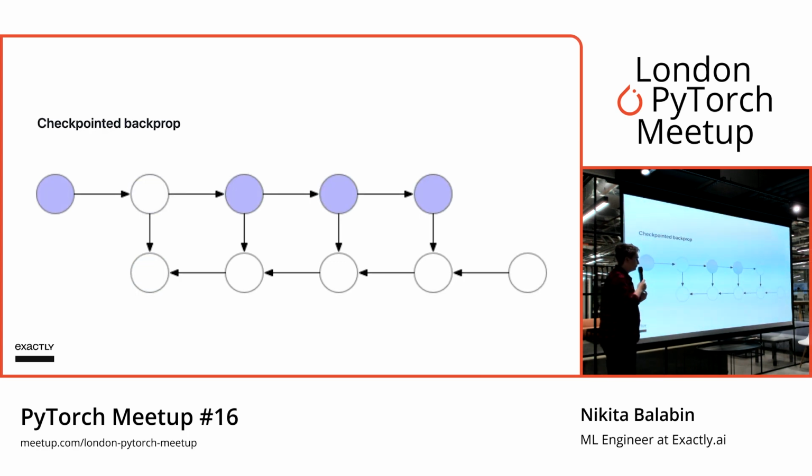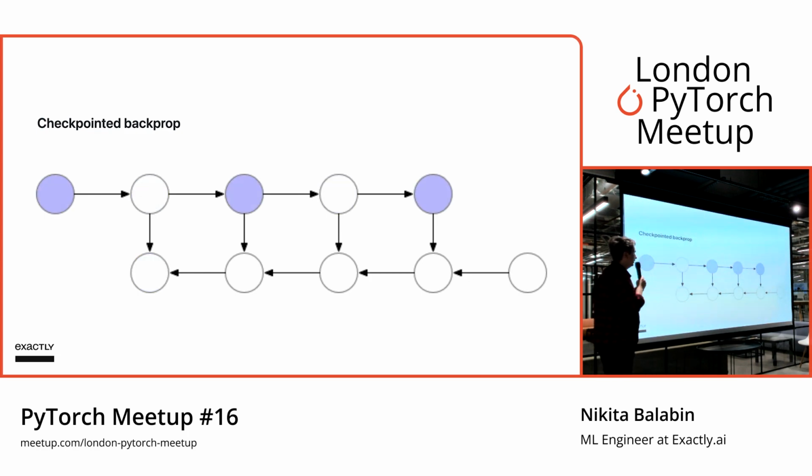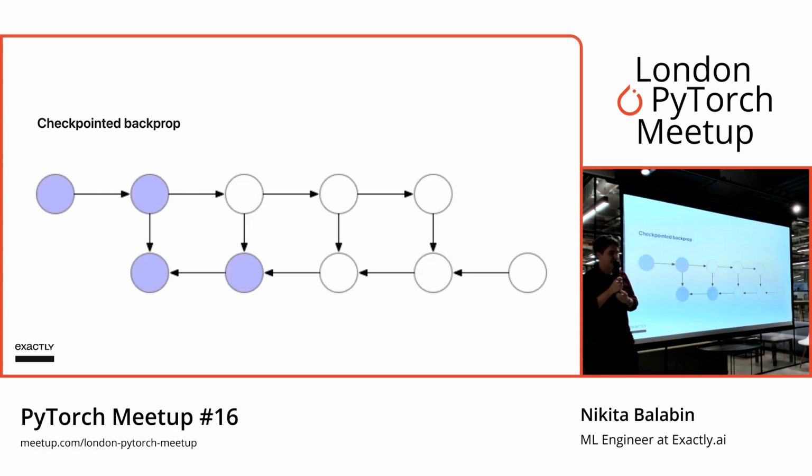With gradient checkpointing, you can checkpoint some intermediate steps, and then you don't need to store the whole computational graph. You need to make an additional, partial forward. So gradient checkpointing is a trade-off between memory and time. If you really need to save memory and you don't need to hurry, I really recommend using gradient checkpointing because it's very useful.